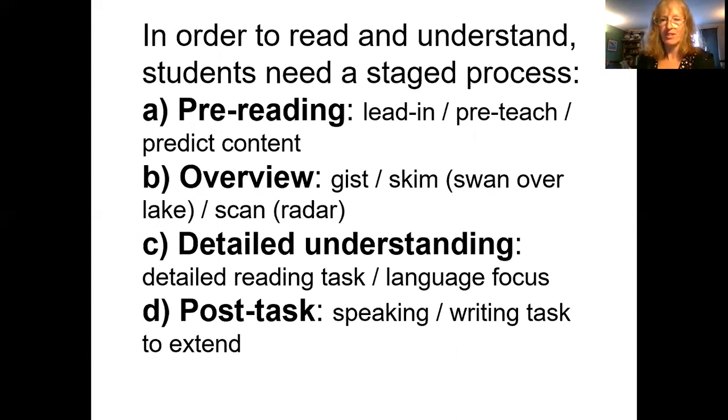Then you can read for detail, silently, focusing on the meaning of the details, and then on language maybe, and then a post task with a productive skill. Okay? Can you do this in your lessons for teaching reading lessons?